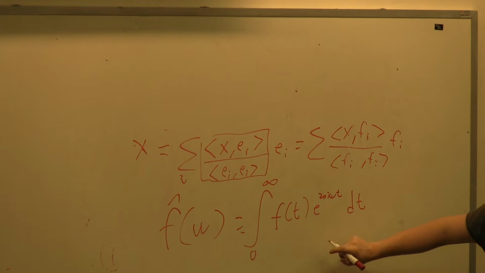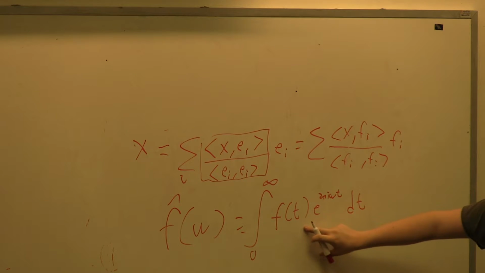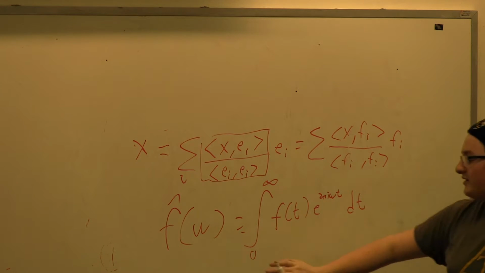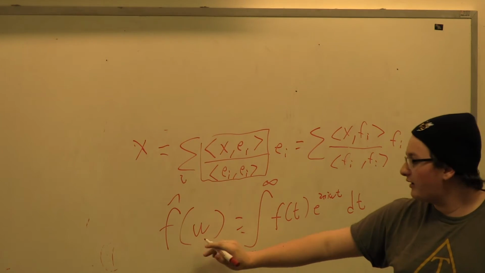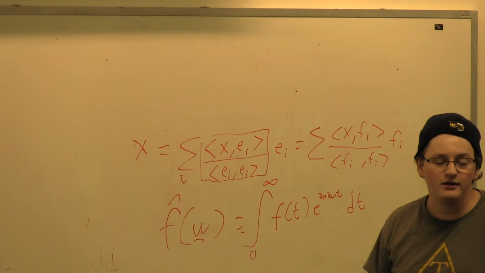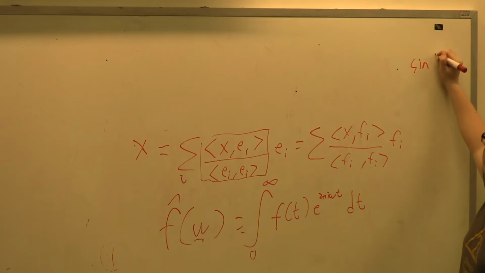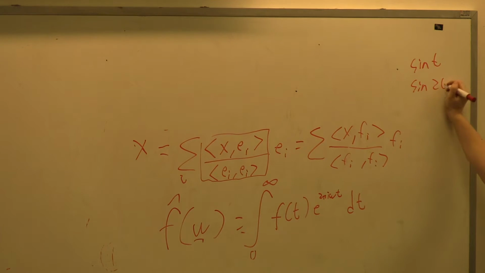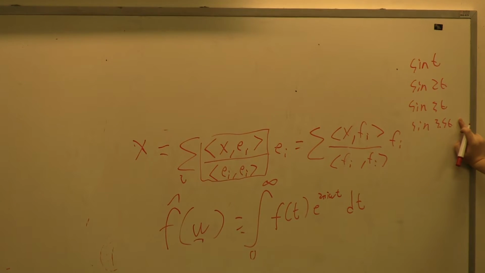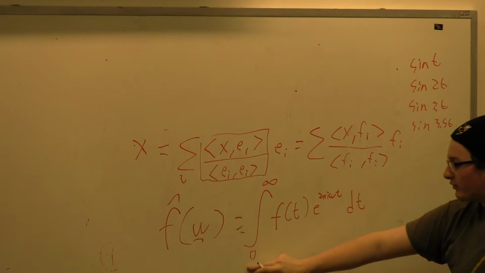So what this does is, if you have a function of time, it lets you represent it as a function of sinusoidal waves of different angular frequency, because the set of sines, like sine of t, sine of 2t, sine of 3t, sine of 3.5t, and so on, are all orthogonal functions, with the inner product being an integral.